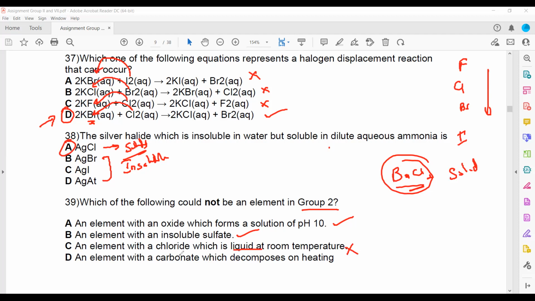So this is not true. And an element with a carbonate which decomposes on heating, that can be group 2. So option C, why is C incorrect? Because if an element forms a chloride, it won't be liquid at room temperature, it should be solid at room temperature. Is it clear, this one?